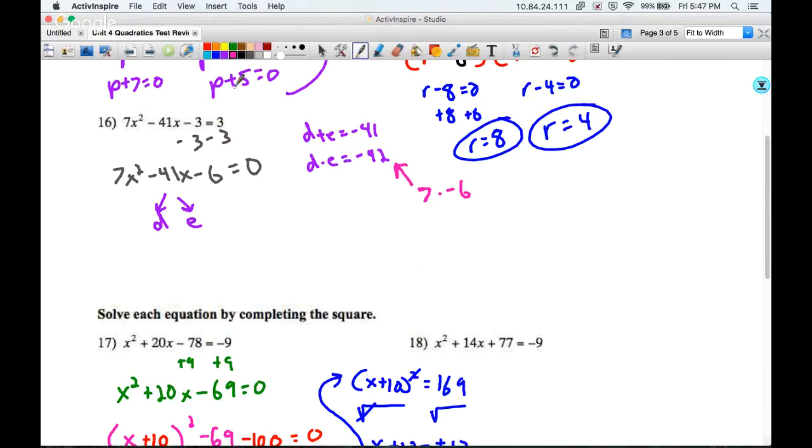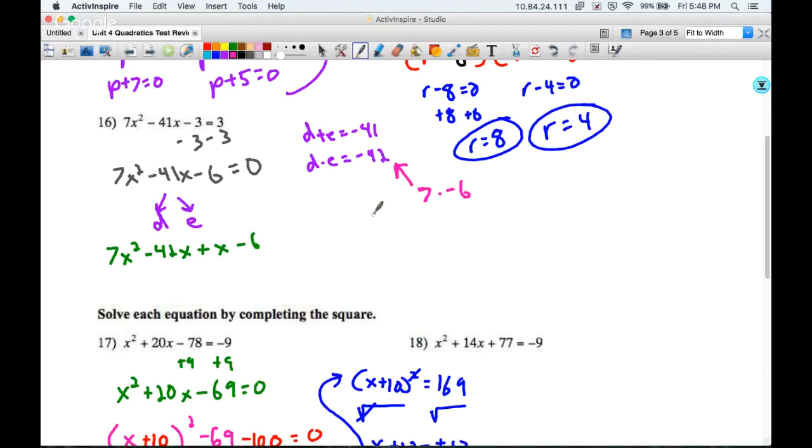Let's see, factors of negative 42 that add up to negative 41. I'm thinking negative 42 and positive 1. So let me write that as 7x squared, let me make sure I do this right, minus 42x plus 1x minus 6.